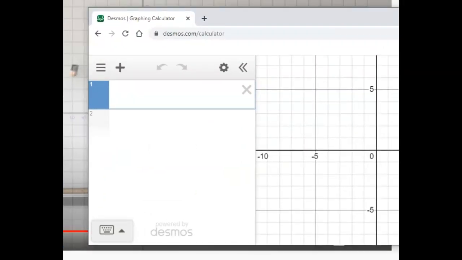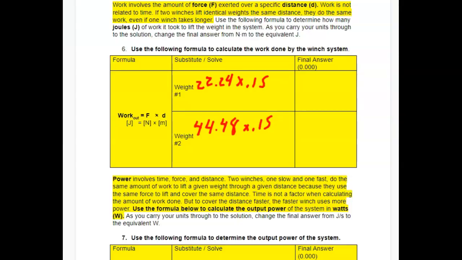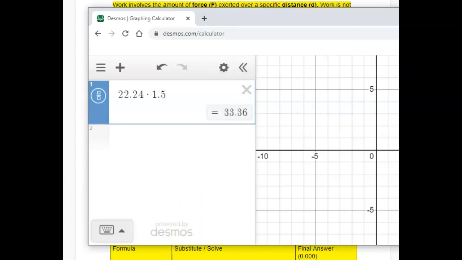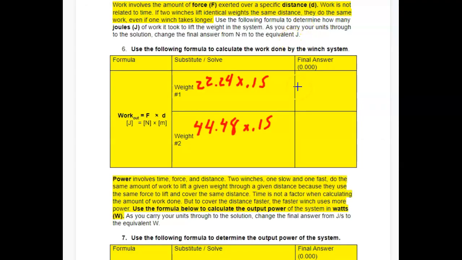There we go. So if we go back here, we have 22.24 times 1.5. So 22.24 times 1.5, 33.36. And again, this is in joules because it's work.